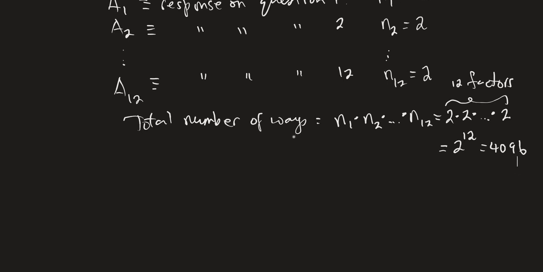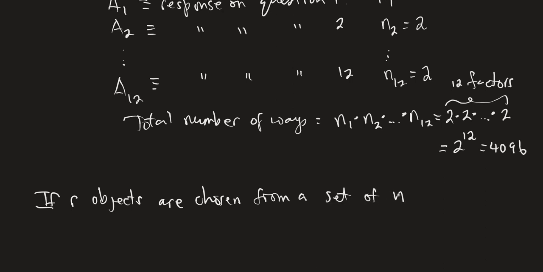So we're going to have a definition and then a theorem. So if our objects are chosen from a set of n distinct objects, and so what this immediately implies is that n is greater than or equal to r, right?